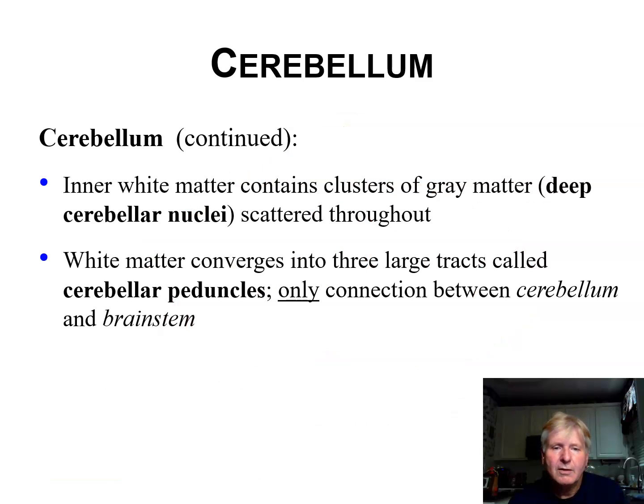So you have an inner white matter containing the deep cerebellar nuclei, which is gray matter scattered throughout. And then you have white matter that converges into three large tracts called the cerebellar peduncles. This is the only connection between the cerebellum and the brain.